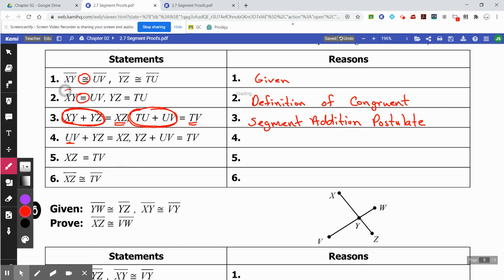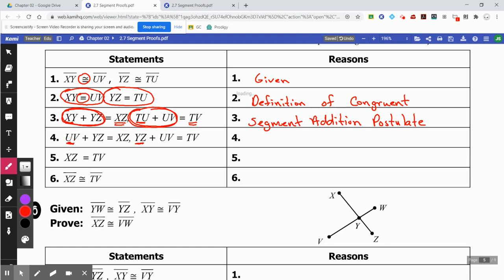Why can we do that? Because up here, XY and UV are the same. And in the same step, now in a previous example we did it in 2 steps, here they're combining it all and putting it in the same step because you're doing the same thing. You're taking out TU and putting in YZ. Why? Because TU and YZ are the same. Now, why can you do that? Why can you take something out and replace it with something that's equal to it?